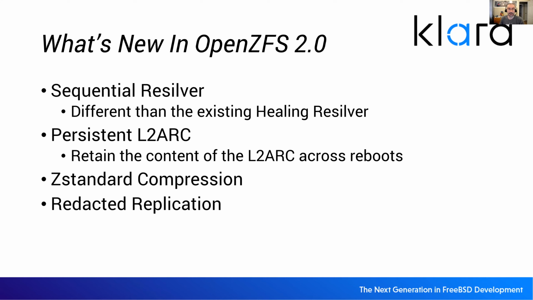There's also a redacted replication feature, which allows you to replicate your ZFS datasets while excluding specific sensitive data. For example, this was designed to be able to back up databases that might contain things like credit cards or social security numbers. It allows you to replicate the database while redacting out the very sensitive data.